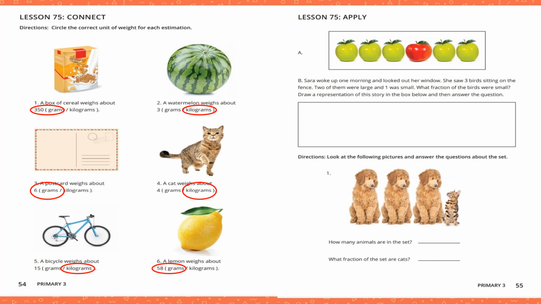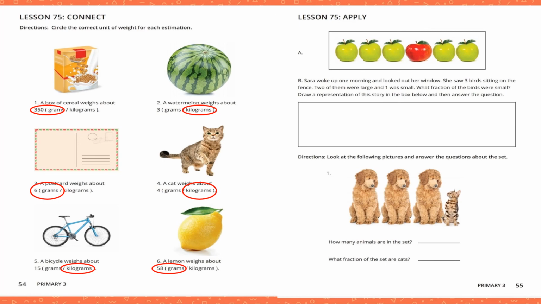So if I want you to find the fraction of red apple, how many red apples here? 1. 1 out of what? In the denominator, we write the total number. So 1 over 6. So the fraction of red apple is 1 over 6.